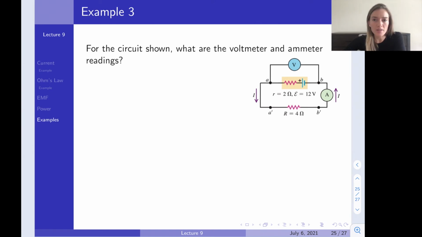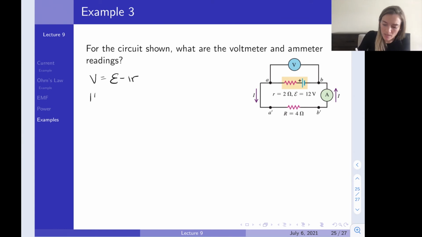So let's first find the current. Let's write what's essentially our conservation of energy equation. This is the potential difference as we go from one terminal of the battery to the other. We have the positive potential supplied by the battery, and then we lose a little bit in the internal resistance of the battery.